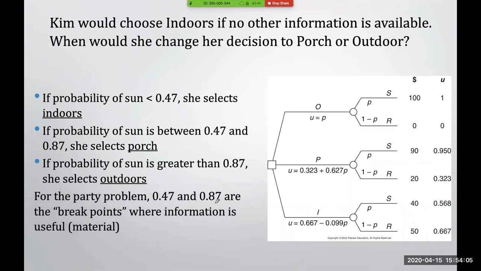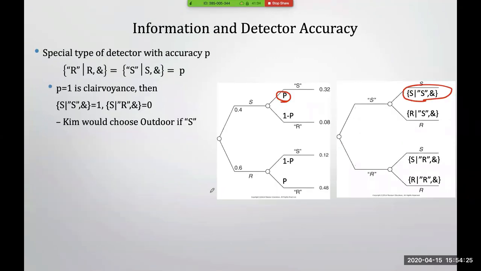If we're looking at another person who values these parties differently than Kim, then these threshold values will be different from these numbers. So again, whether detectors are material or not depends on who you are looking at, what decision you are looking at, and what prior, as these priors also matter.